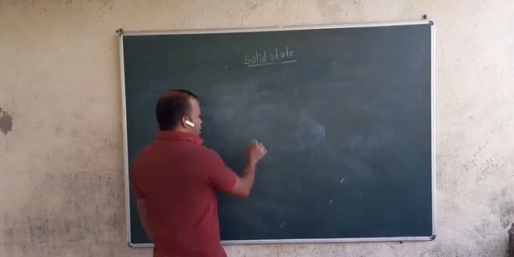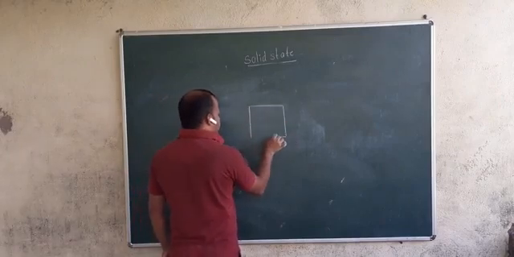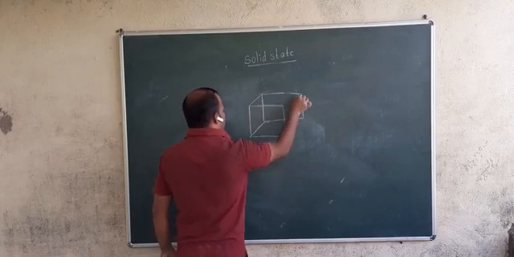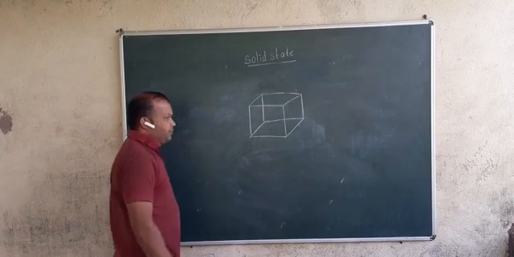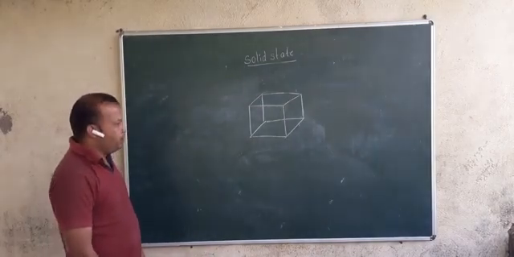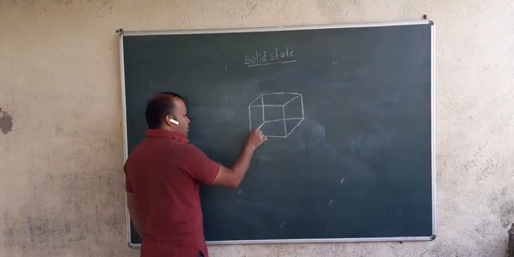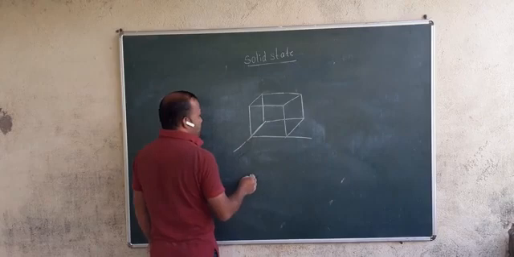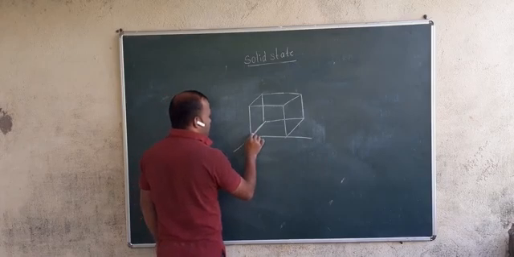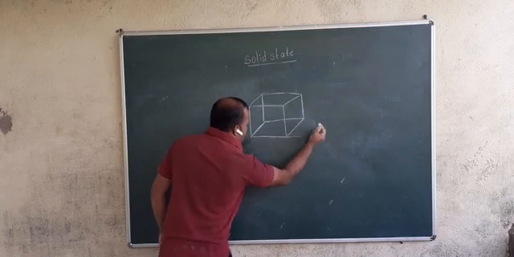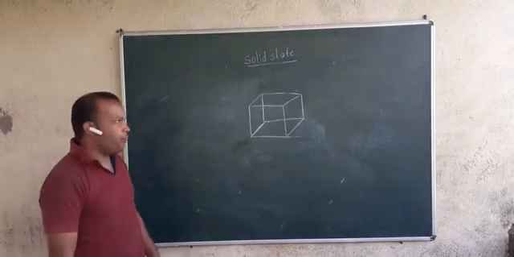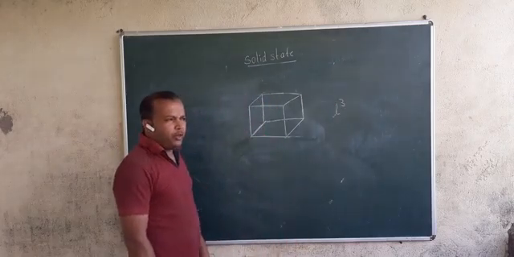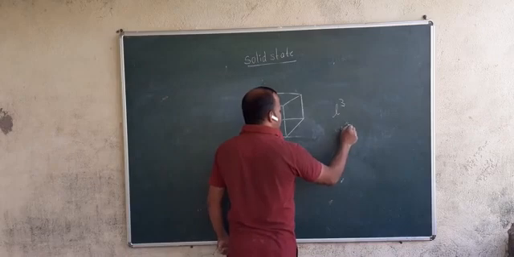Before this, if you take this cube, as you know, the volume of a cube is L cube, but we are going to use the notation A, so it will be A cube.